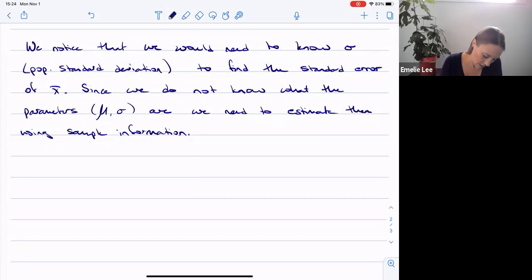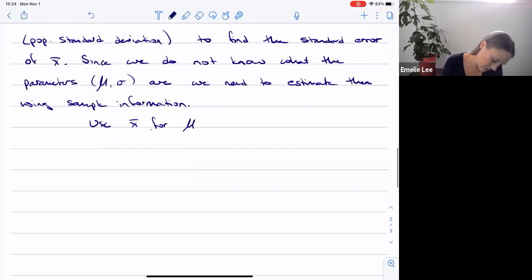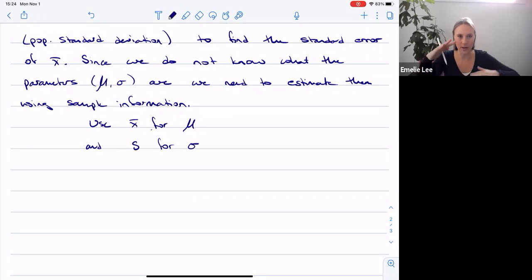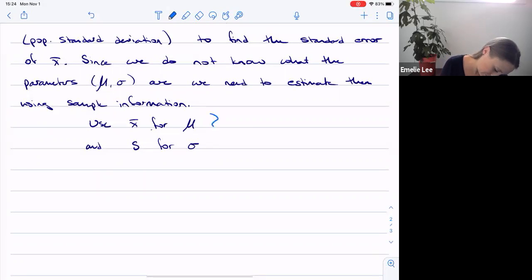So use X bar for mu and S for sigma. And so using the sample standard deviation in place of sigma, now I'm estimating two things. Notice we are now estimating two things.